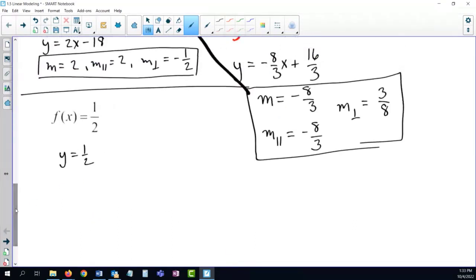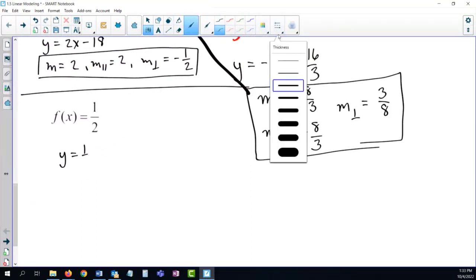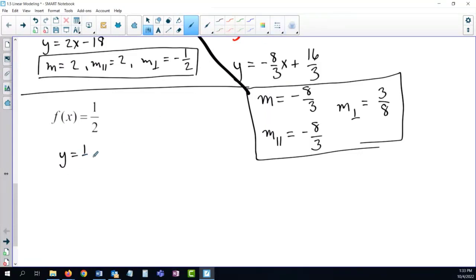And what am I supposed to do with that? Okay, well, what's the slope of this line? Well, it's y equals 1/2. That is a special kind of line. What's missing here? X is. When x is missing and you just have y, you'll end up solving for y.